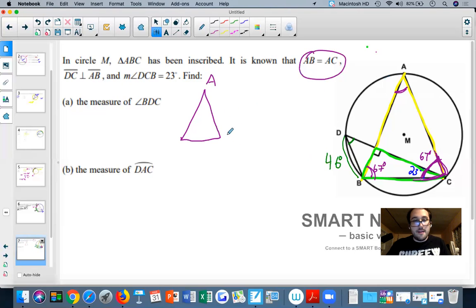So that's A, that's C, that's B. We don't know what A is. C is 67, and B is 67. So I'm going to do 67 plus 67. That's 134. 180 minus 134 is 46. So angle A is 46 degrees.